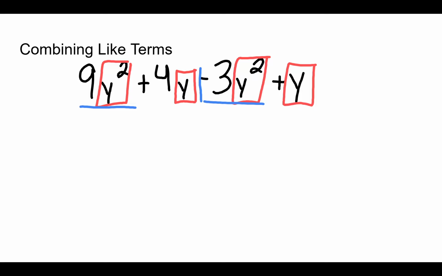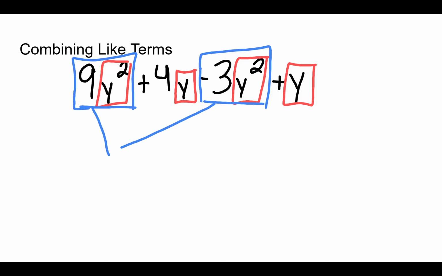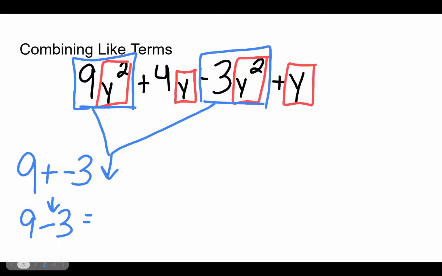So we have 9y squared plus negative 3y squared. So 9 plus negative 3 is what we're figuring out here. 9 plus negative 3 is the same thing as 9 minus 3. Okay, 9 minus 3 is equal to 6.